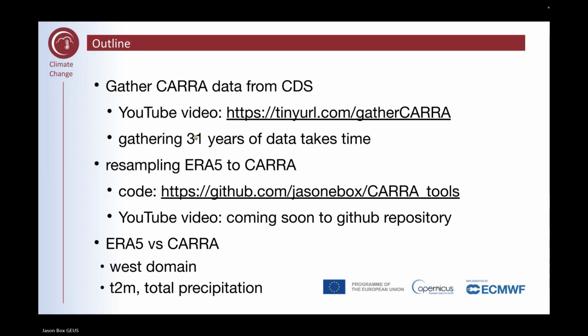The other point on gathering data is that, yes, indeed, 31 years of 2.5 kilometer data, it takes time. The good news is that the Climate Data Store is retrieving the data a lot faster than they were a year or two ago. And so don't believe all the rumors that it takes too long to gather these data. And yeah, you have to be patient. It's heavy data.